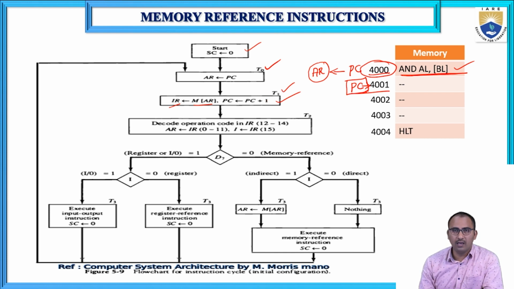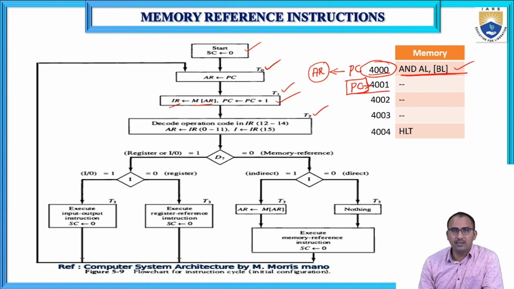After T1, if you apply one more clock pulse to the sequence counter, it will generate the timing signal T2. During T2, the instruction placed in the instruction register will be decoded.